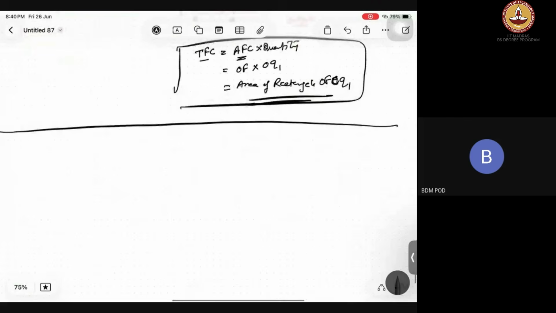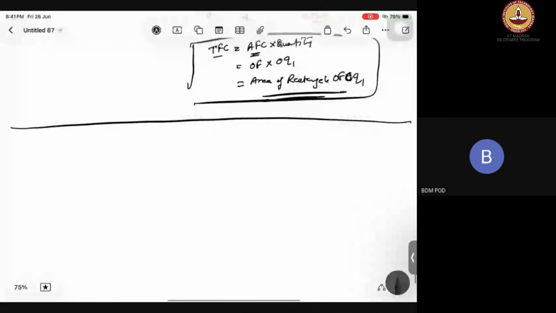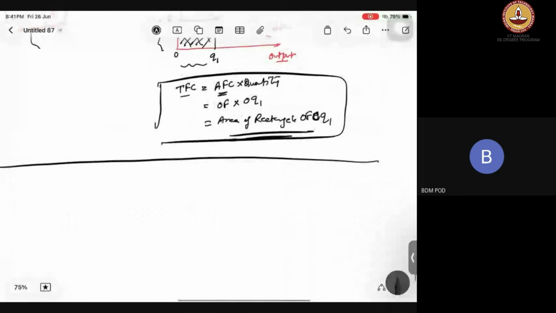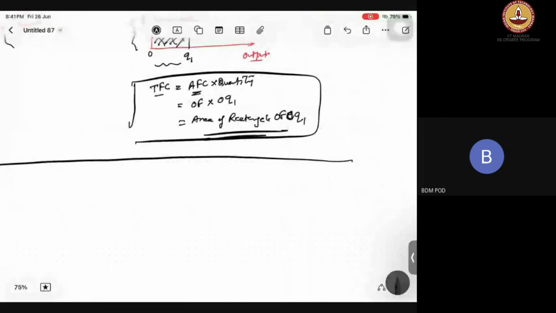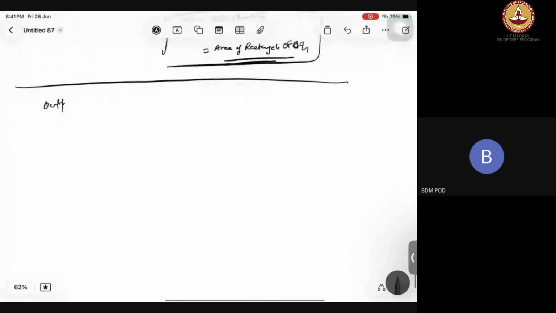Okay, so I'll take one example and I will let you understand. This concept is law of marginal utility, I told you, law of variable proportion, I told you, this is done. So I'll take one example to calculate how we are going to calculate the cost. Suppose this is output, Q in units.